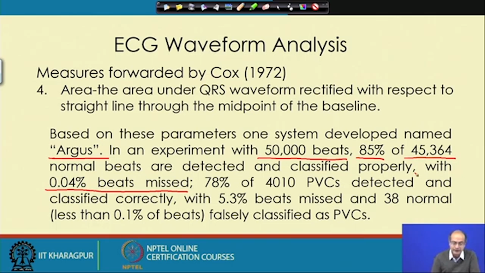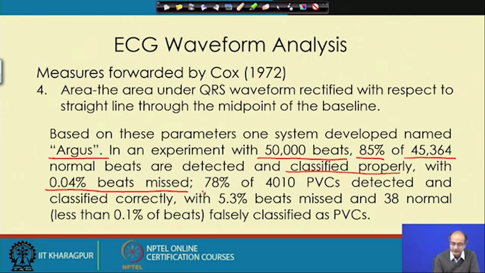The first step is to find the beat, that is the R wave, and even for the normal signal 0.04% beats are missed. However, the good part is that for those cycles where we could find the beats properly, we could classify all of them properly.